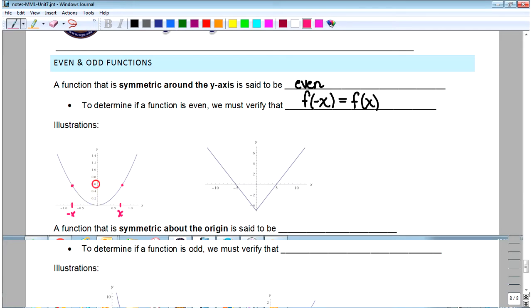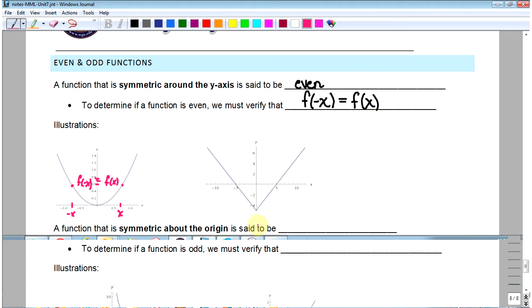So this function value, based on my negative x, would be f of negative x, but it would be exactly the same thing as the function value that goes with x.